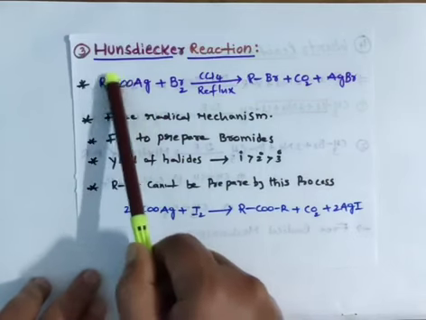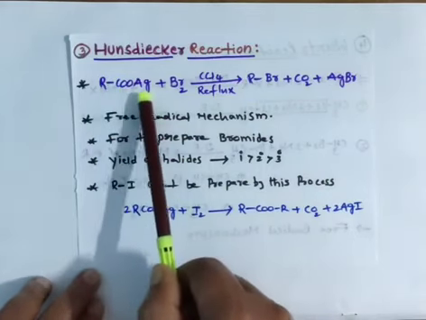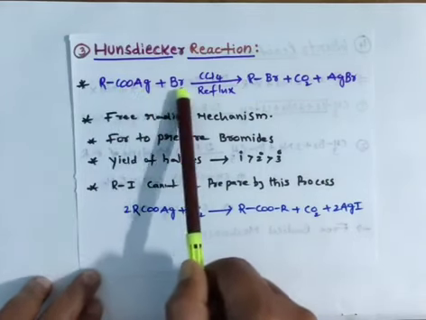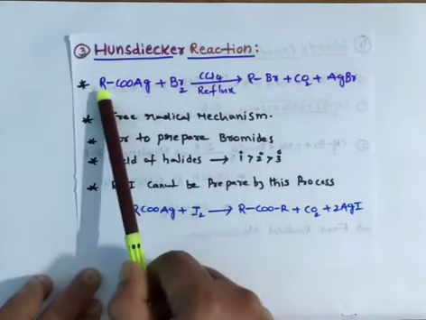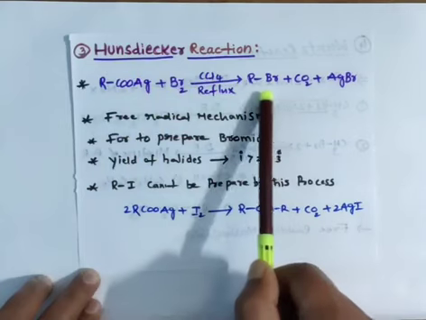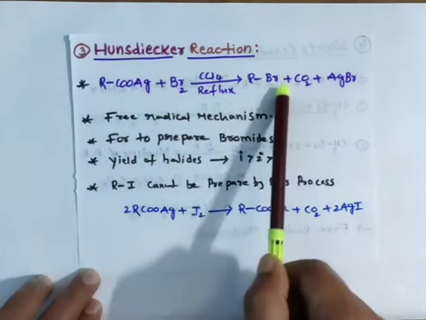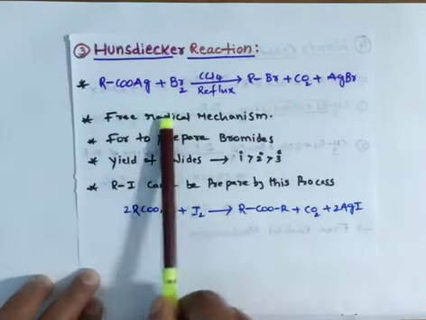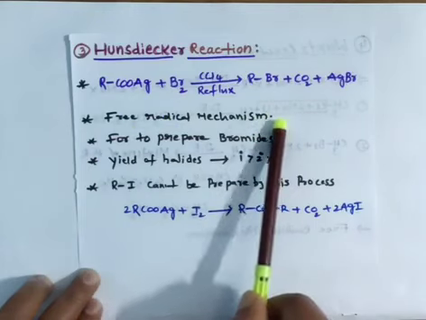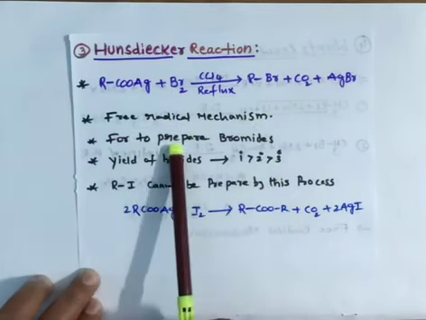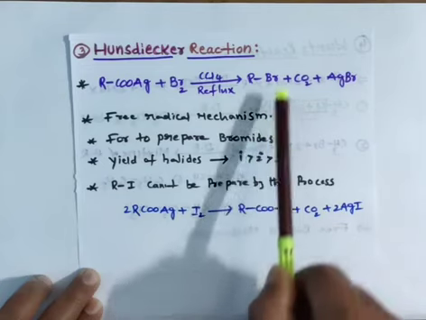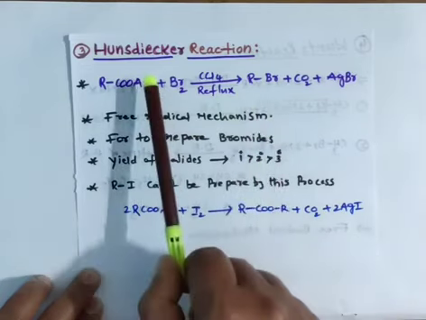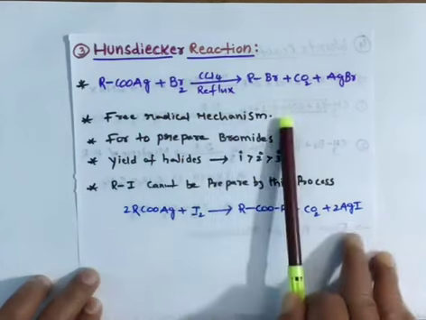This COO group is converted into CO2. This Ag reacts with bromine to give AgBr, and one Br will attack this alkyl group. You are getting RBr. This is an entire free radical mechanism. For preparing only bromides, meaning bromoalkanes, we can use the Hunsdiecker reaction.